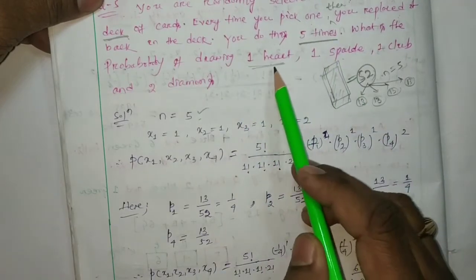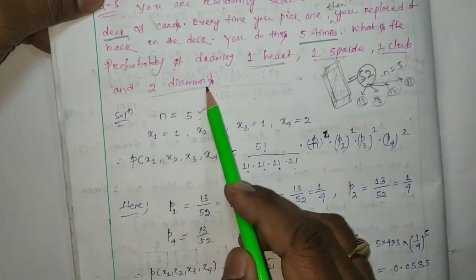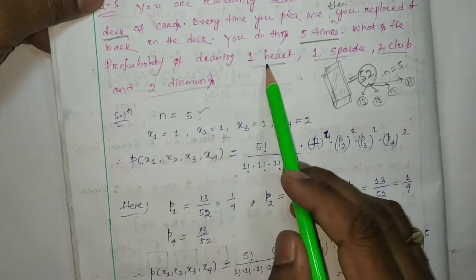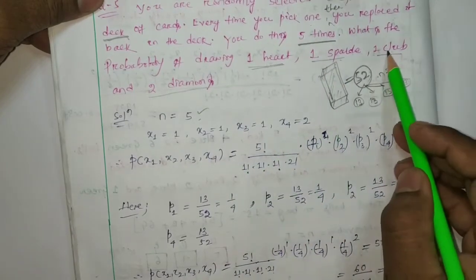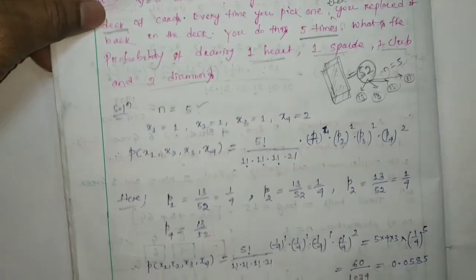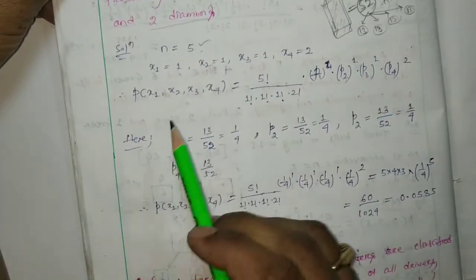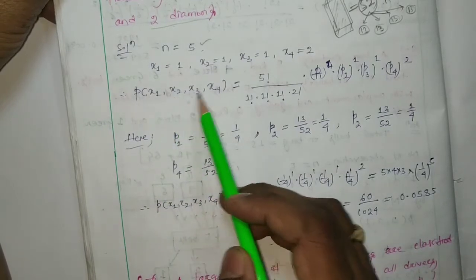So let this be one random variable, this is another, this is another, this is the fourth one. So x1 is 1, x2 has to be 1, x3 is 1, x4 is 2. Okay, so you just apply the multinomial distribution, that is the probability of x1, x2, x3, x4 will be equal to n factorial.